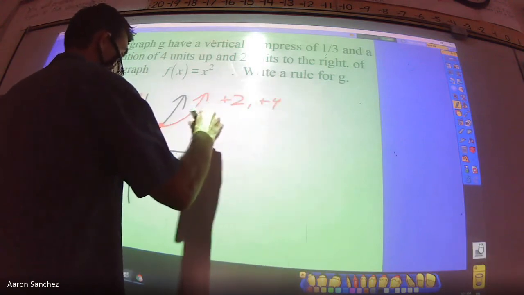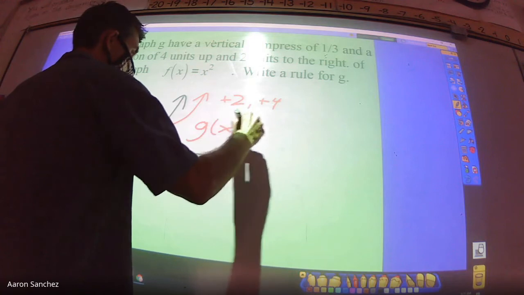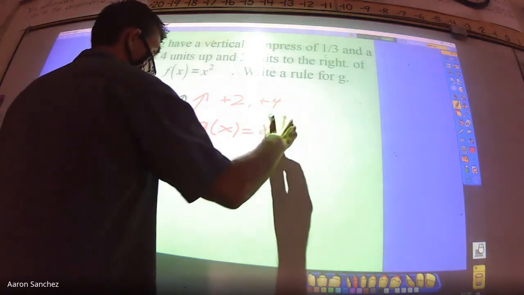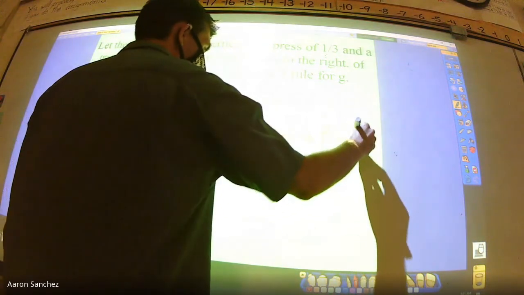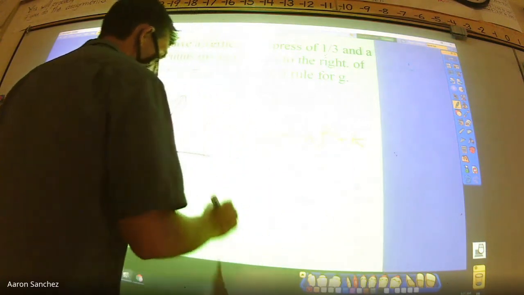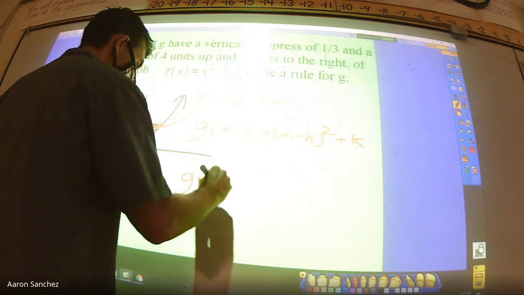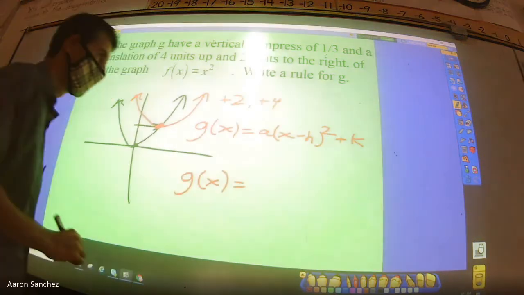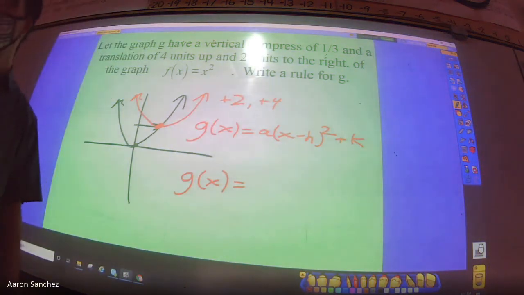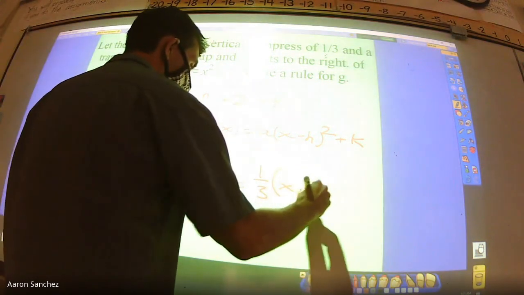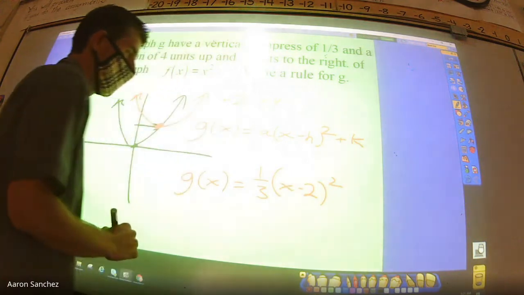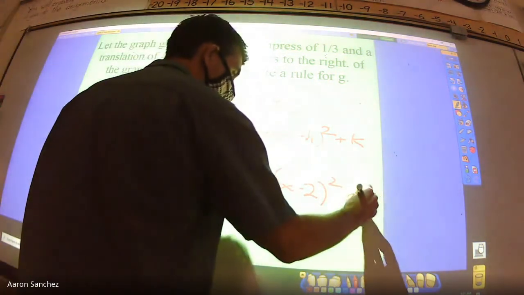My new equation of g will be a times (x minus h) squared plus k. Okay? So my new g, can you guys figure out what the equation is going to be now? 1/3 (x minus 2) squared. That's all you have to do.